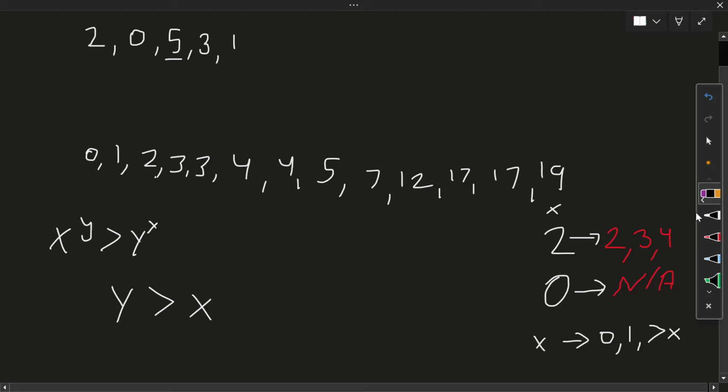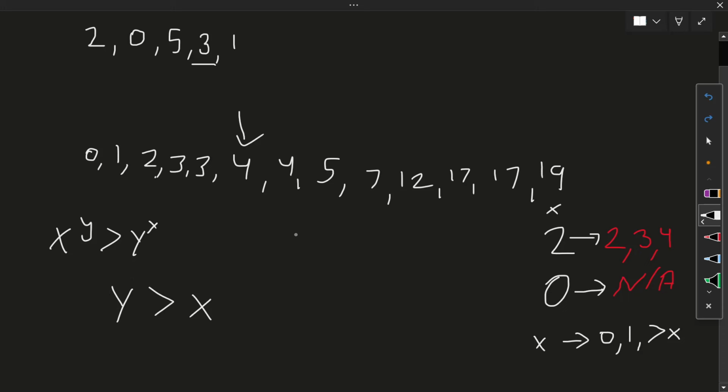So we have to find the frequency of 0 and 1. What's the frequency of 0? What's the frequency of 1? We have to count this frequency. What about 3? So for x we have found that 0 and 1 are exceptions. What about 3? For 3, all the values on the right hand side, including this value, are greater than x.